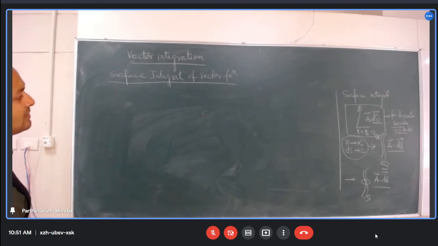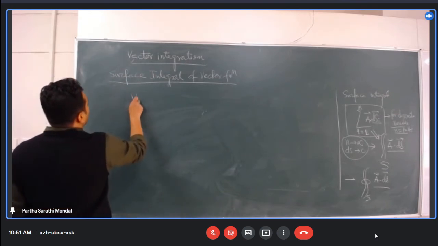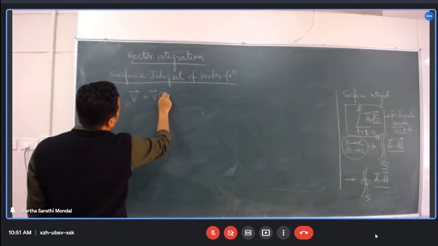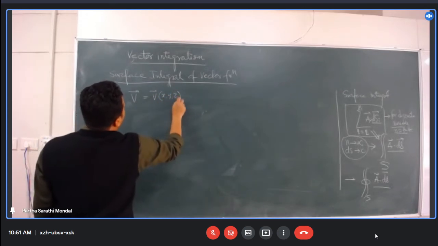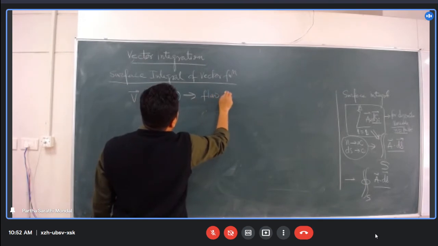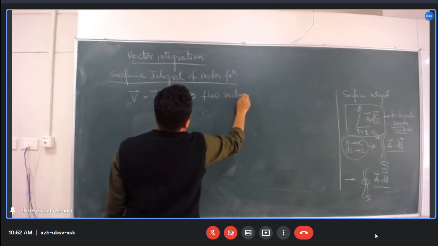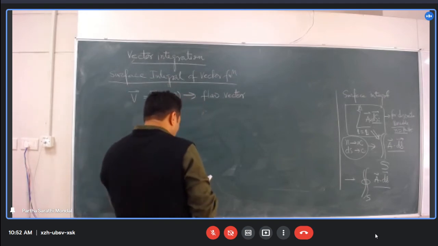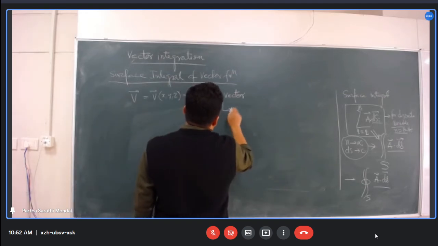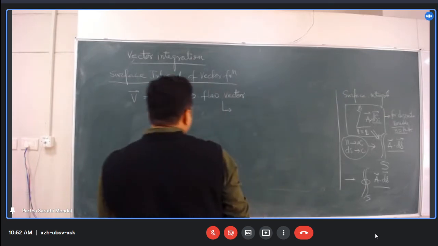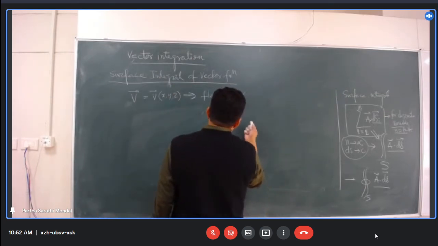So now let's take a vector quantity v, which is a function of, let's say, x, y, z, and let's say it is a flow vector. Flow, water flow, gas flow. So what is a flow vector? By definition, what is the definition of flow? Flow is mass. If I say mass is flowing, energy can also flow.